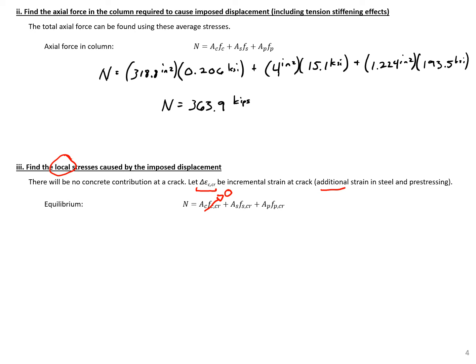So the local stresses caused by the imposed displacement, we can use our equilibrium expression, and we'll have N equal to 0 because we're getting rid of that first term there.